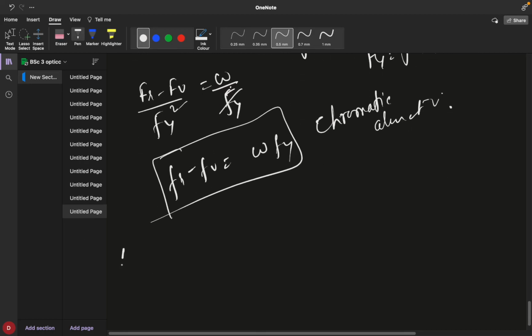Now if omega, the dispersive power, is 0, so the right term is 0, then chromatic aberration is 0.